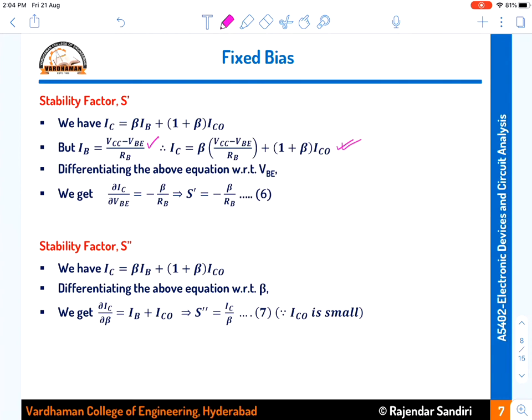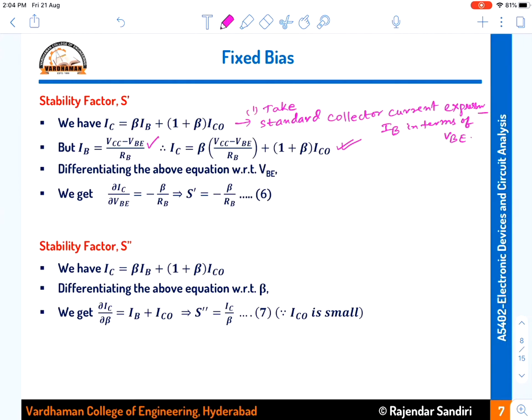This is the standard collector current expression. First, you take the standard collector current equation.